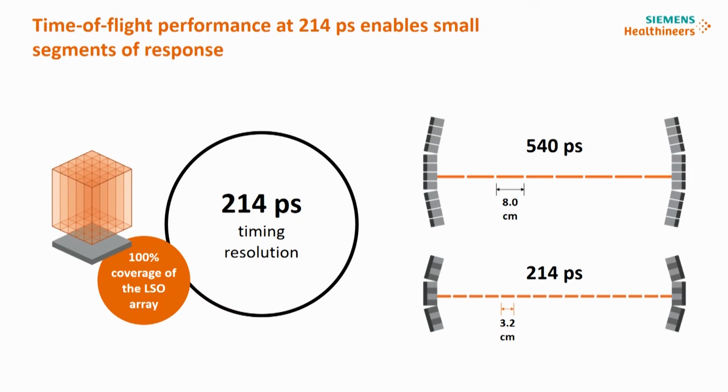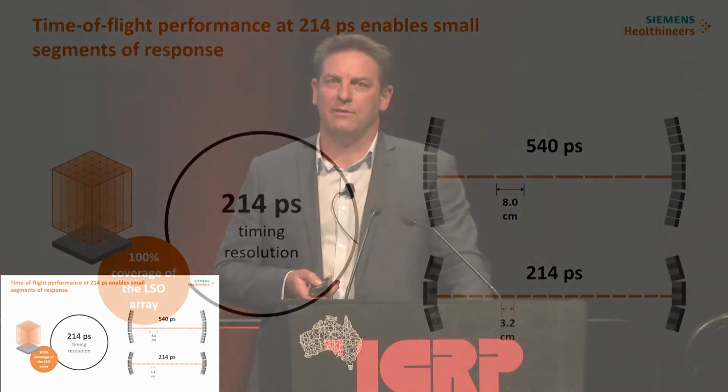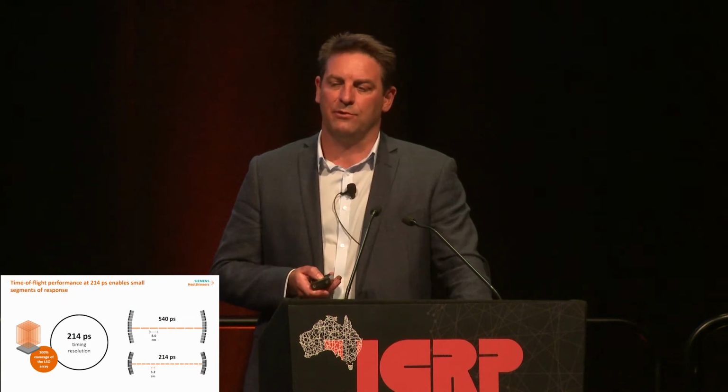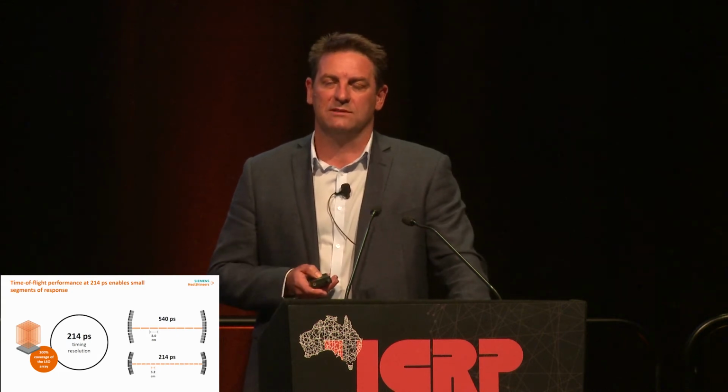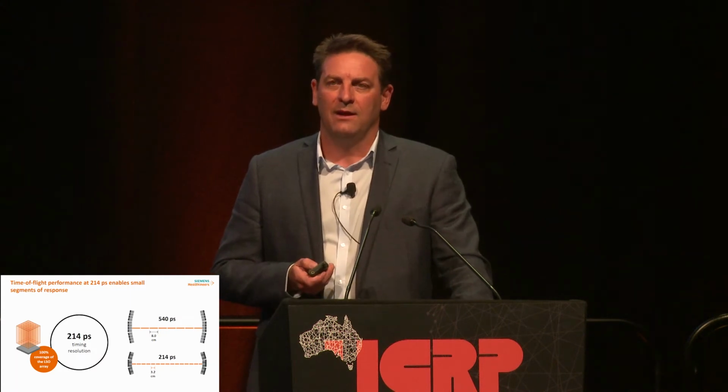So to use an example of the most current SiPM-based detectors on the bottom of the slide there, with a timing resolution of around 214 picoseconds, compared to the current PMT-based technology of the Siemens scanner here of 540 picoseconds on the mCT scanner, we can narrow down to within an 8 centimetre block of tissue where that event came from, which enables us to much more clearly define the area that the activity is coming from, or in this case, where the tumour is coming from.